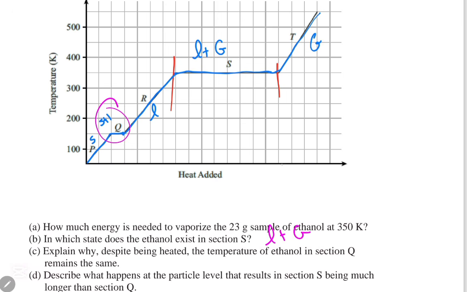This is a really good question. Why, when we are heating at section Q, where it exists both as a solid and liquid, right? Why, even when we are heating, does the temperature stay the same? This is really, really important.